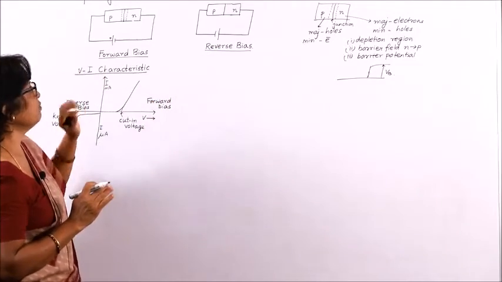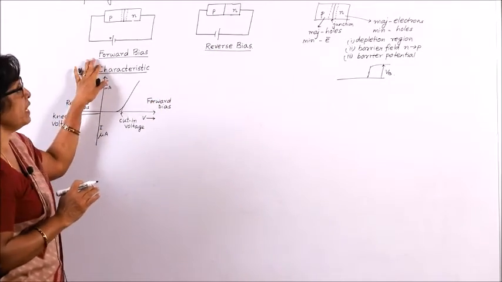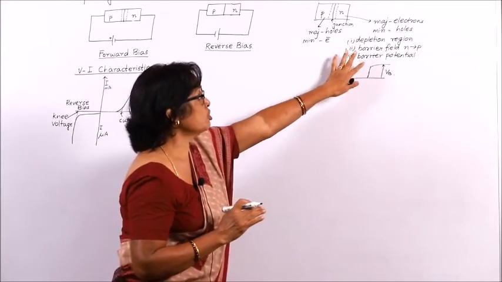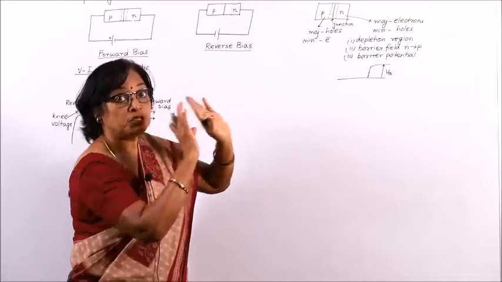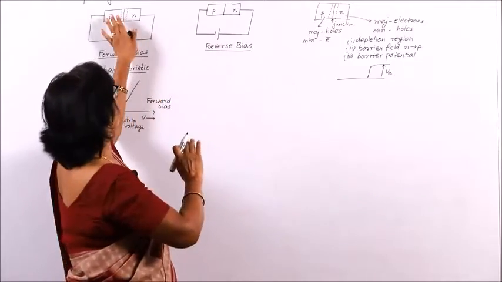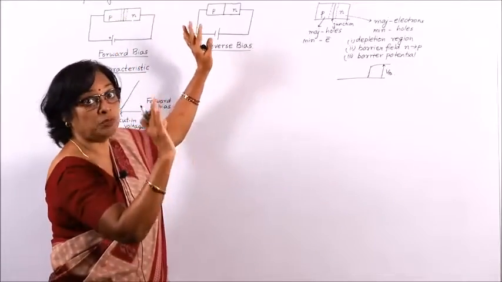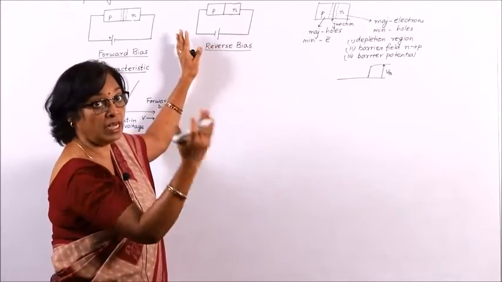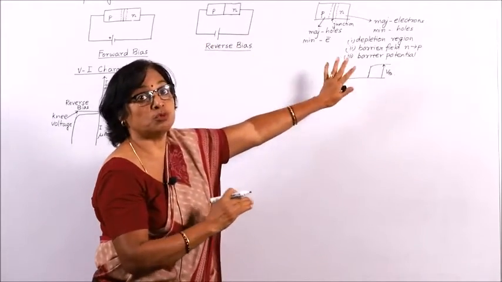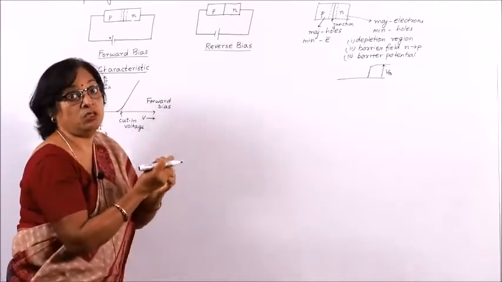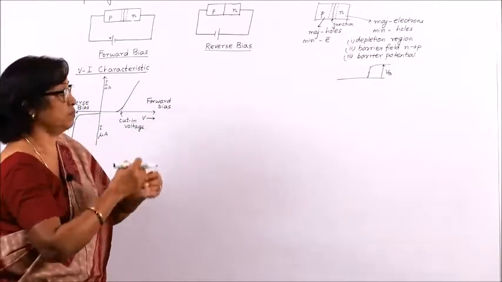Now, what happens in forward bias? We know that there is a depletion region and a barrier field. The barrier field obstructs the flow of holes from P to N and of electrons from N to P. There is a barrier potential which must be overcome for these majority carriers to cross.